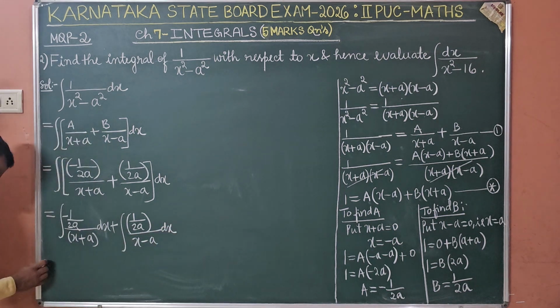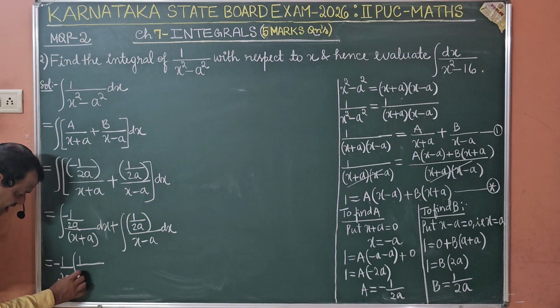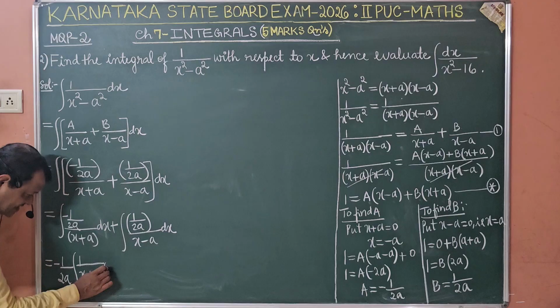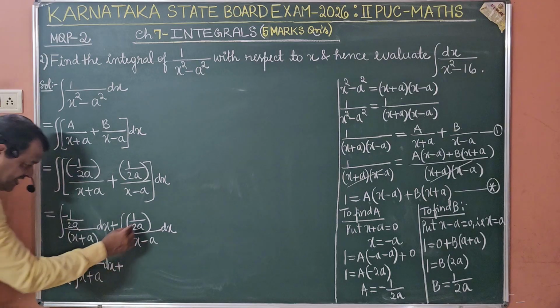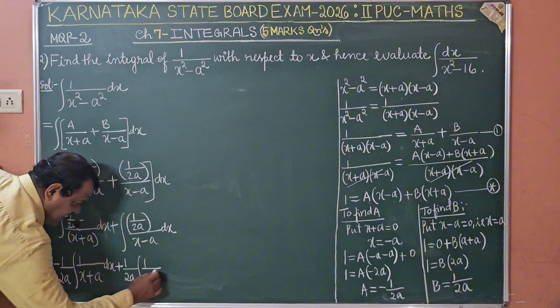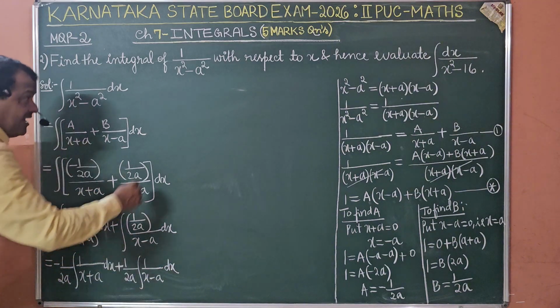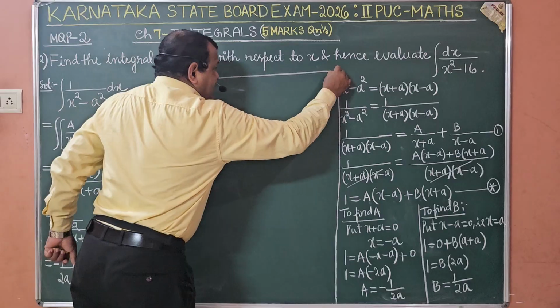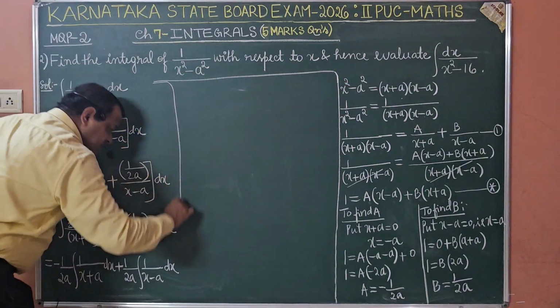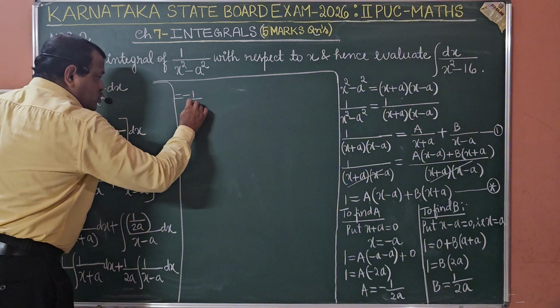So from this first integral, I can take minus 1 by 2a common, integral of 1 by x plus a dx remaining. From the second integral, I can take 1 by 2a common, integral of 1 by x minus a dx remaining. The remaining part of this I will continue over here. Kindly follow. So it is minus 1 by 2a.